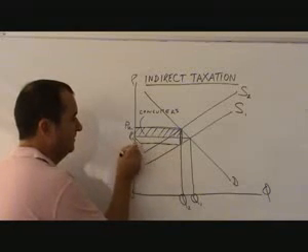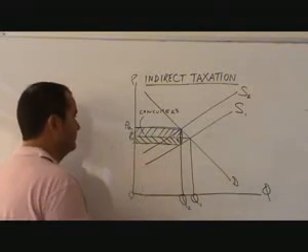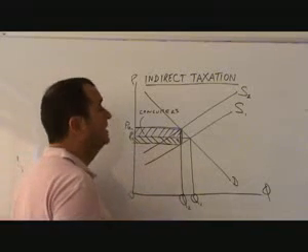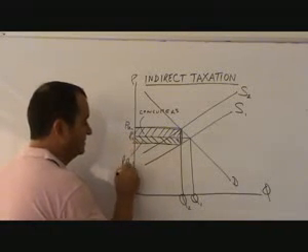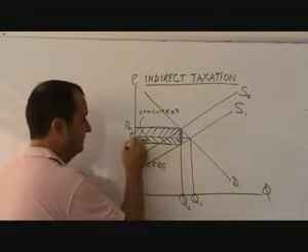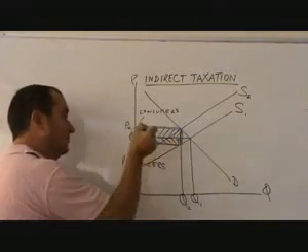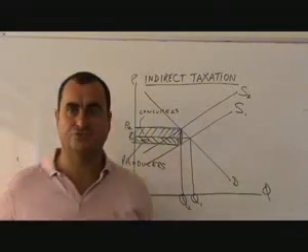Whereas this area must be being paid by producers. It's the remainder of the tax. The consumers are not paying it. It must be the producers paying it. So this area is, I'll just write it in, paid by the producers. This area here.